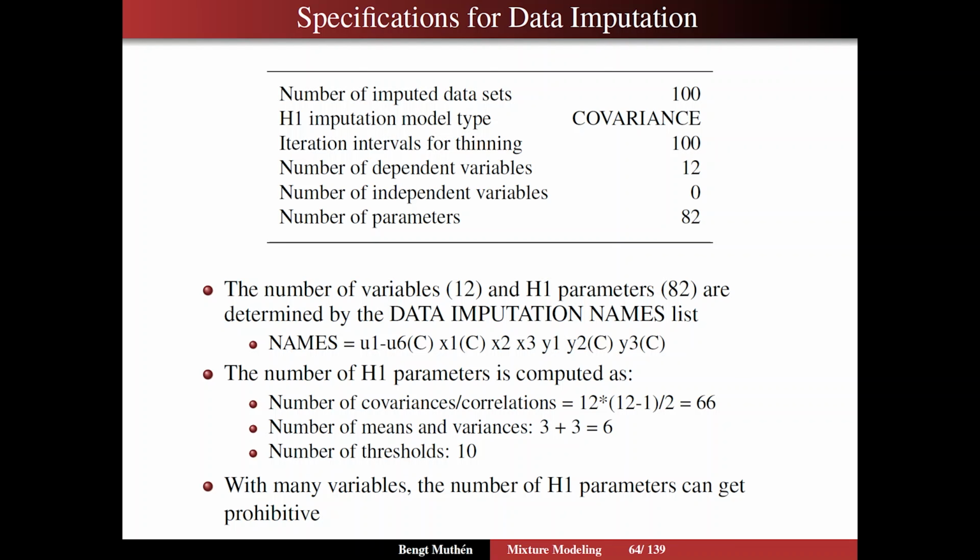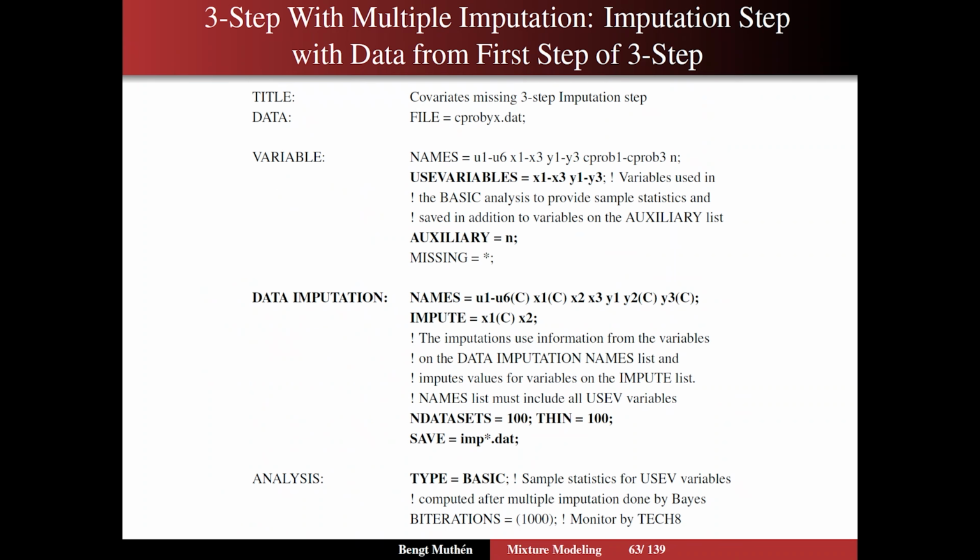So once the Bayesian analysis has converged, we draw 100 more draws in the MCMC, Markov chain Monte Carlo sequence, to get the imputed values for the missing data in the model. And then that is what we use to produce the imputed values for x1 and x2.